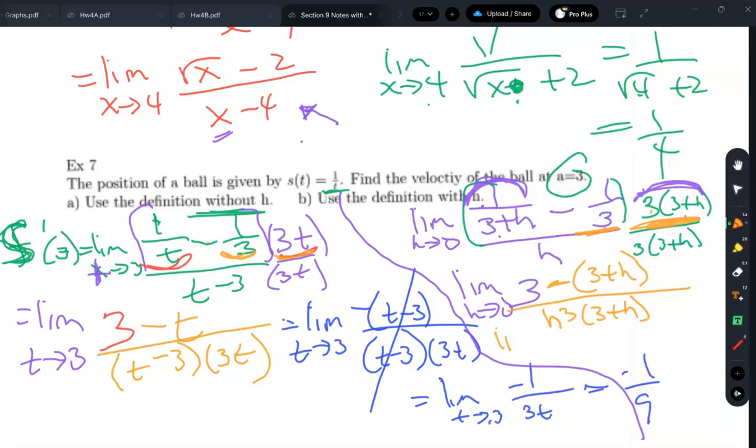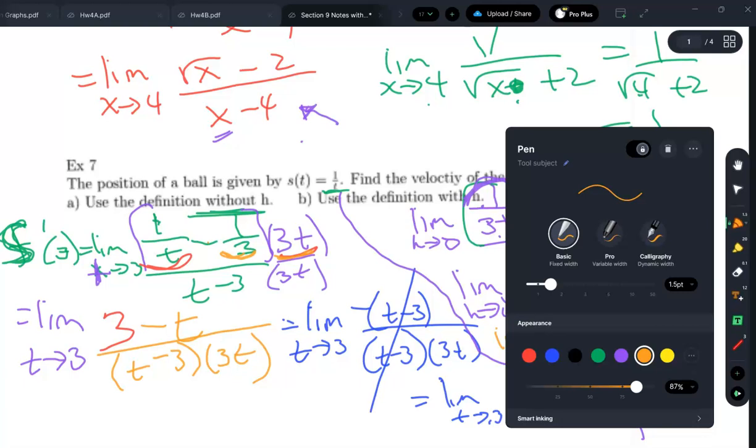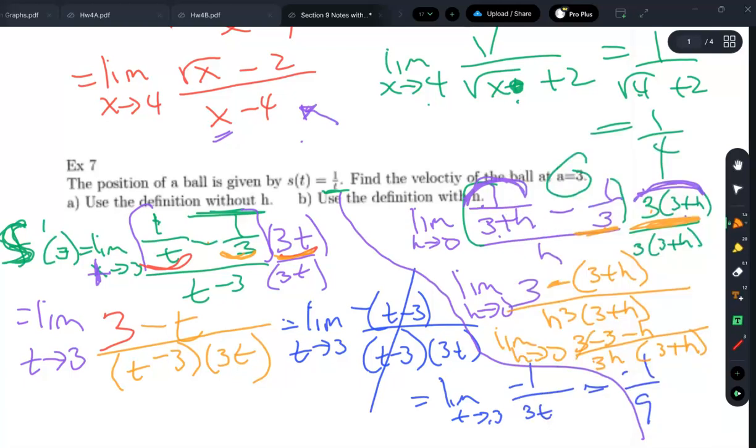I have limit as h goes to 0. So in the numerator, I'd have 3 minus h, and then a 3h, 3 plus h. You can see that the 3's cancel, right? And look at that. I've got a negative h and an h, so those cancel. So sorry about this.